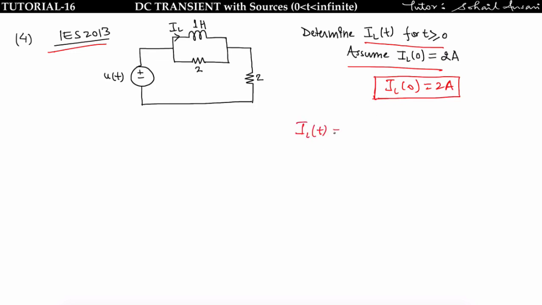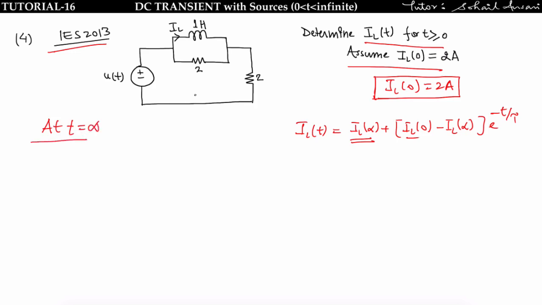IL of t is given by IL of infinite plus IL of 0 minus IL of infinite, times e to the power minus t upon tau. If I find IL of infinite, then I can easily find IL of t because IL of 0 is already given. So make this circuit for t equal to infinite.